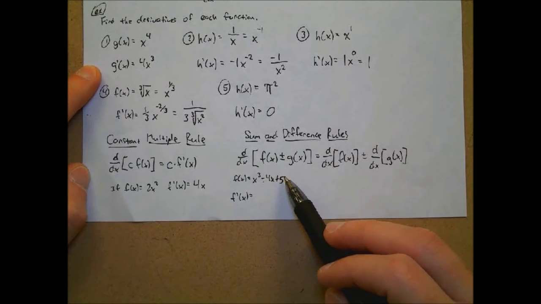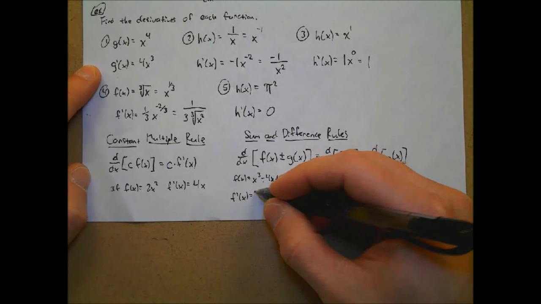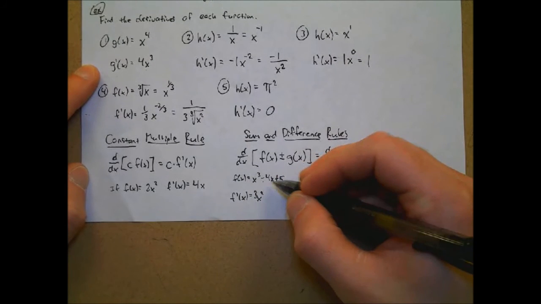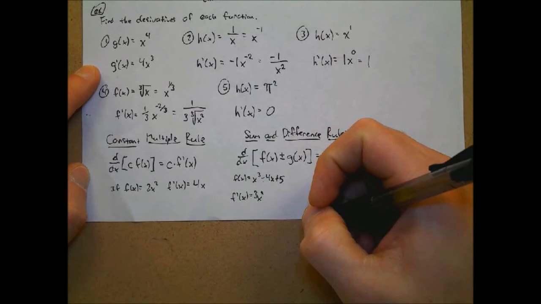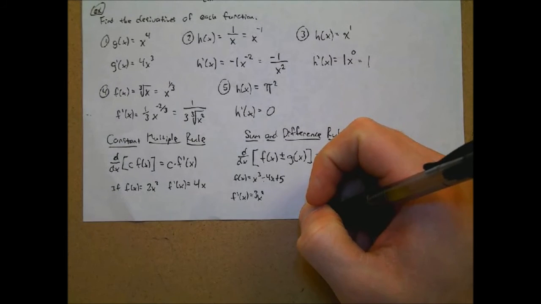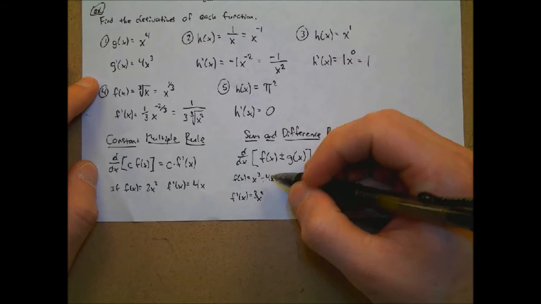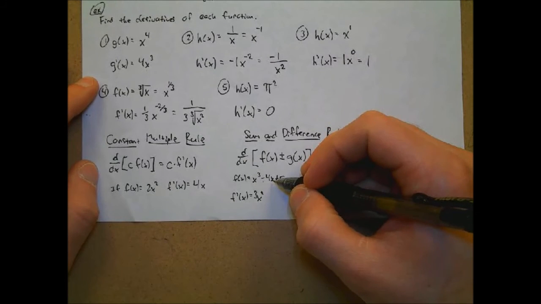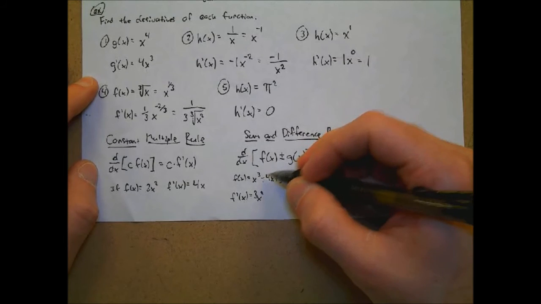So what's the derivative of x cubed? 3x squared. What's the derivative of 4x? Not 1, nope. So x when it's written by itself is x to the 1. So bring the 1 out front. What's 1 times negative 4?